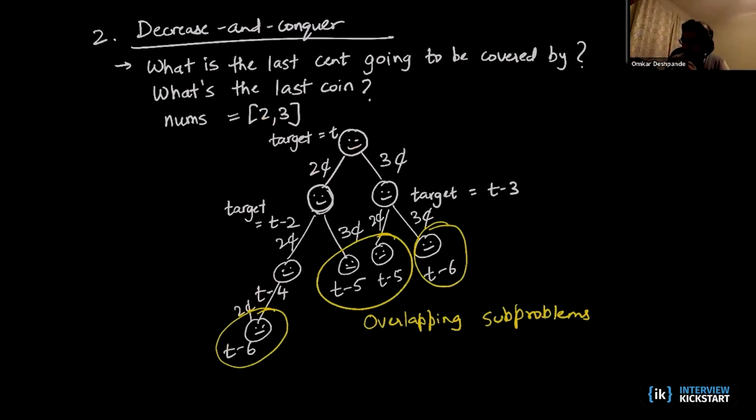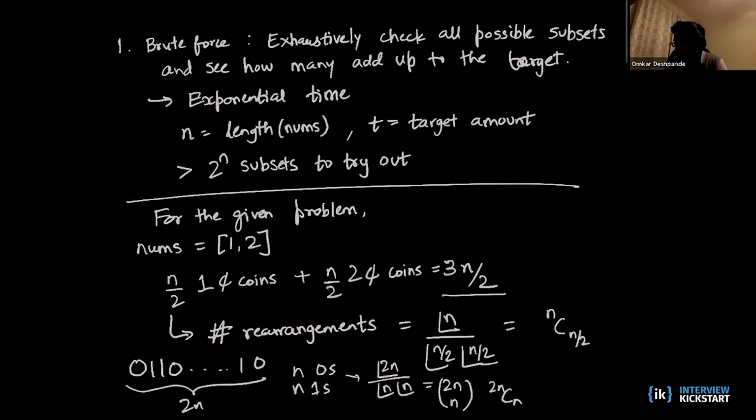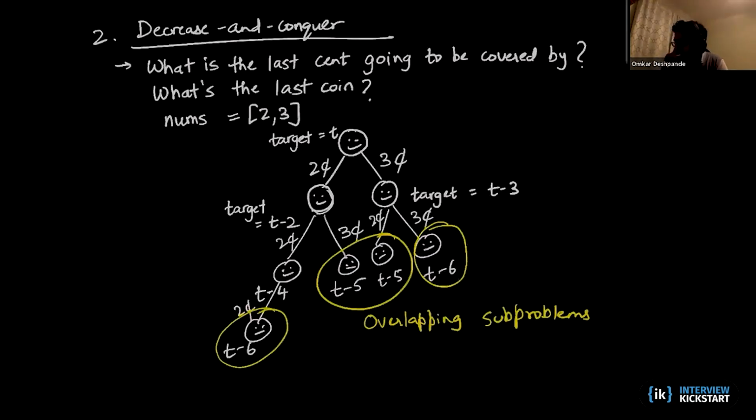So plain decrease and conquer implemented recursively would also not improve on what we started out with, which was the brute force approach. But with dynamic programming, we would hopefully get something better.